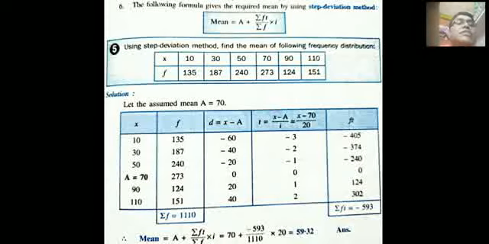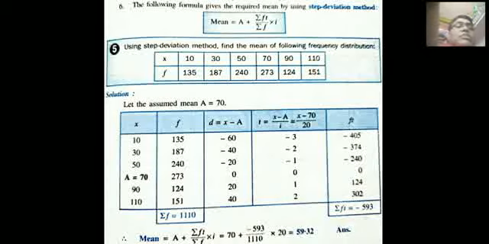Now D you divide by i, the class size. If you see two consecutive numbers in the X column, the difference is 20, so the class size is 20. Divide D by the class size, so D by i is equal to t, that is X minus 70 divided by 20.